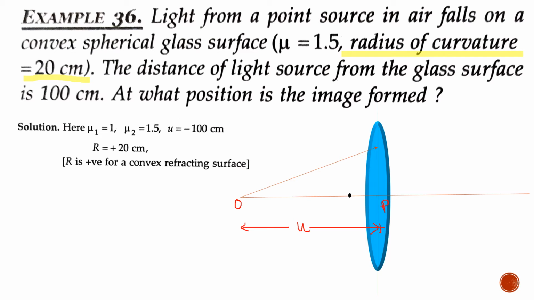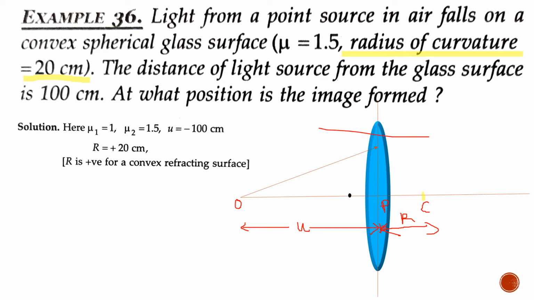If this is a convex surface, let us denote the center of curvature with C. The distance between the pole and the center of curvature is your radius of curvature, and they have given R equals 20 centimeter.